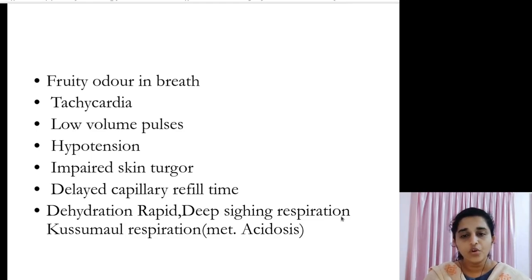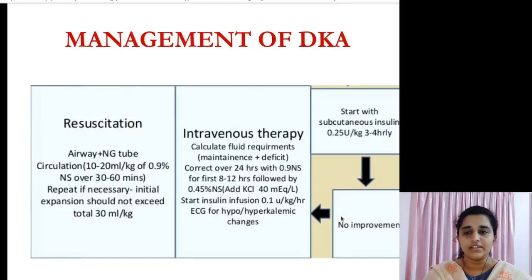Tachycardia, low volume pulses, hypotension, impaired skin turgor, delayed capillary refilling time, and next is Kussmaul respiration, that is deep sighing respiration. In order to exhale carbon dioxide from the body, it is taking this compensatory mechanism, that is deep breathing, that is Kussmaul breath.